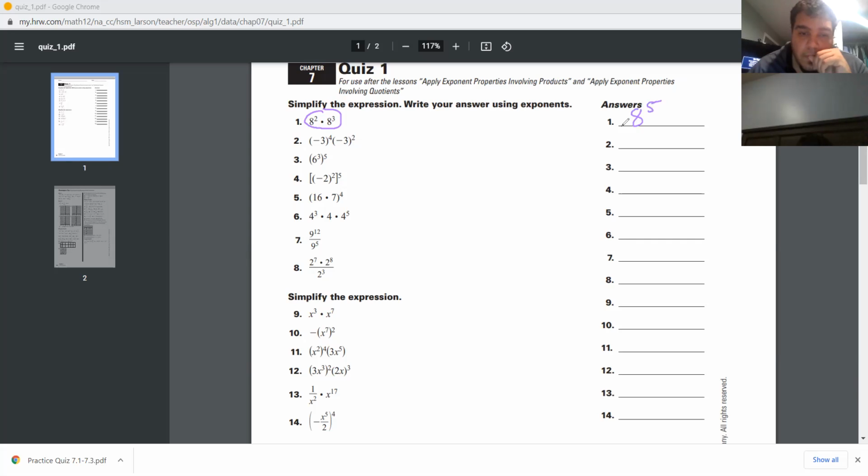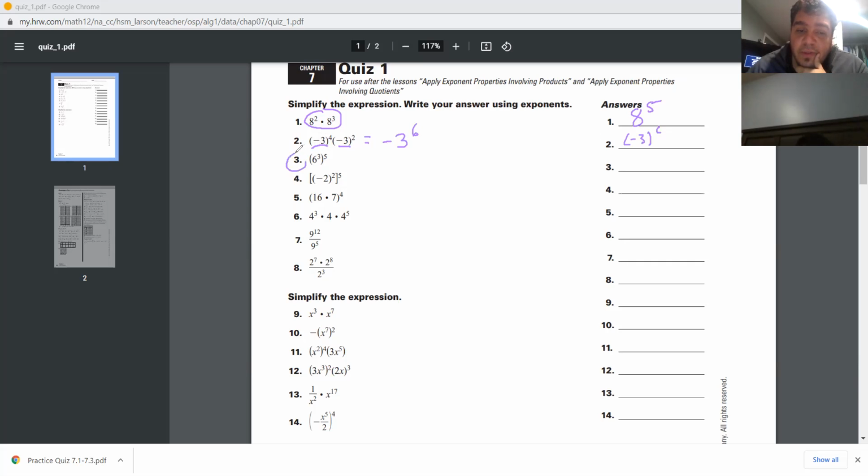Good. Same situation for the next one. The base in this case is -3. The base does not change when you do this, okay? So what is your answer? Is it -3 to the 6th? Good.